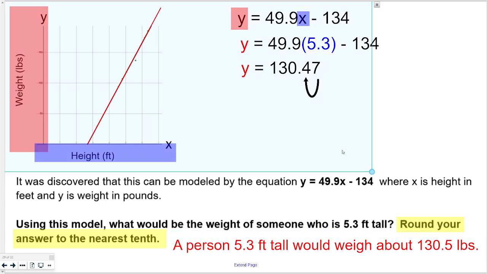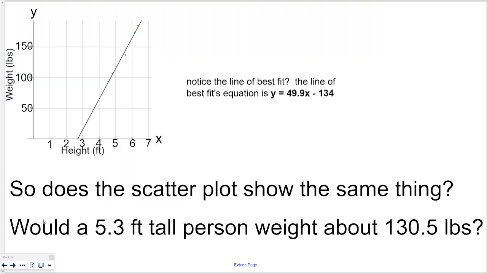There we go. Now, let's take a look at the scatter plot though. Let's go back up here. We know that this line of best fit matches up to this equation. But does this scatter plot show us that a 5.3 foot tall person really does weigh about 130.5 pounds?